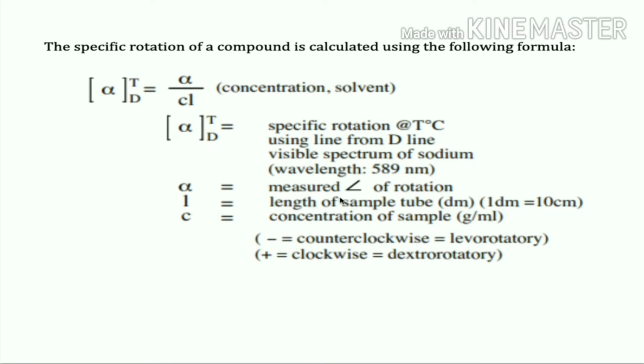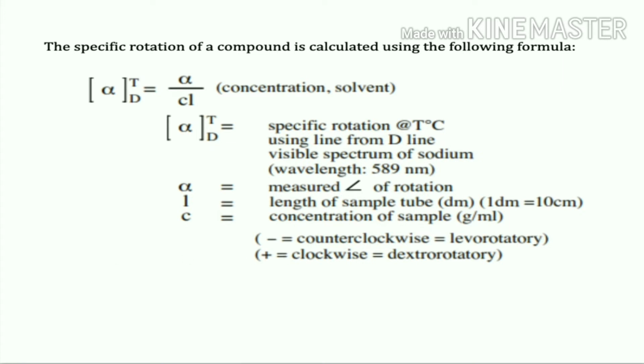L is the length of the tube, in units of decimeter, and concentration is expressed in gram per ml. If it is negative, it is counterclockwise, called levorotatory. If the plane polarized light rotates towards the right, it is clockwise and dextrorotatory.